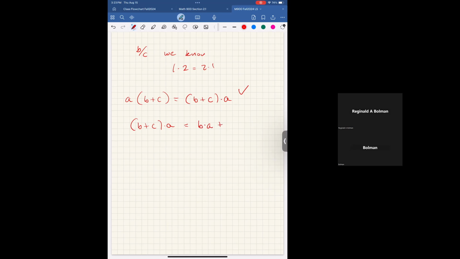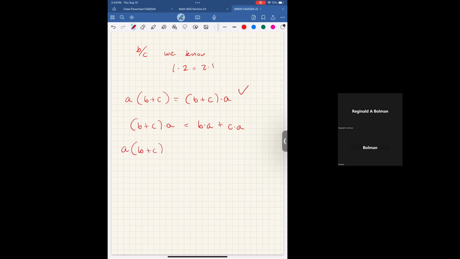You're going to have a B multiplied with A and a C multiplied with A on the right-hand side. So, of course, the question in students' minds is, apart from simply arguing on the basis of the commutative law that the left-hand distribution should be the same as the right-hand distribution, how can we find an equivalence between these two things?